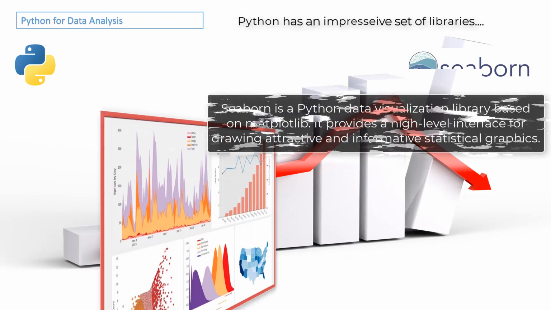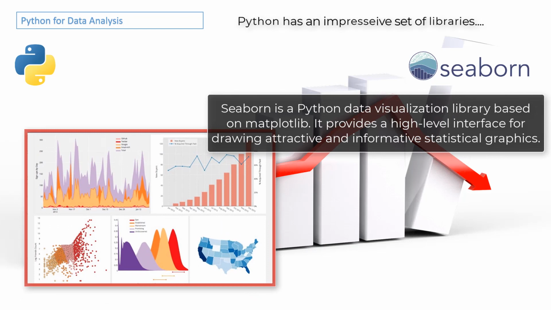Next we have another visualization library called Seaborn, which is based on Matplotlib. Think of it as a mechanism that takes away the complexity of Matplotlib and simplifies it considerably. So therefore, drawing visualizations with Seaborn becomes much easier and more organized.